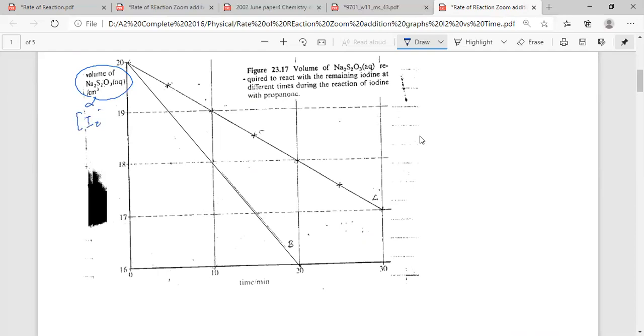Now this is very important: the order of this reactant can be deduced from this graph. You cannot deduce the order of propanone from this graph, but you can use two graphs from this method now.